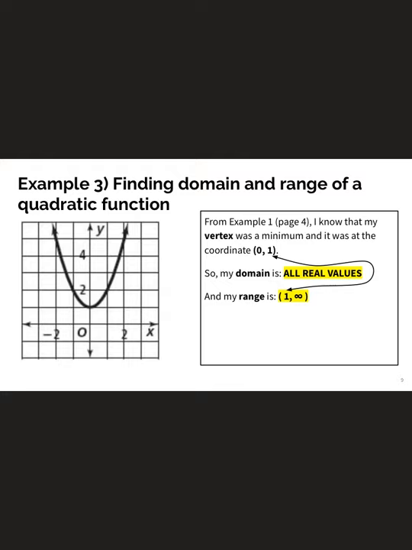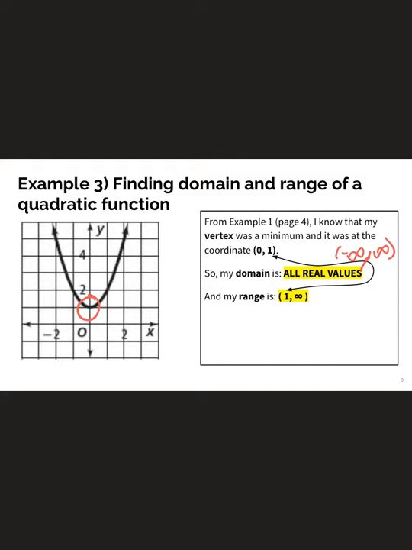So let's look at an example about how to actually do this, right? So using the example from example 1, the same function, I know that my vertex was at (0, 1). So let me just circle that again so that that's super clear. So my domain, because it wasn't otherwise noted, is going to be all real values. And I can represent this in interval notation as parentheses, negative infinity to positive infinity.